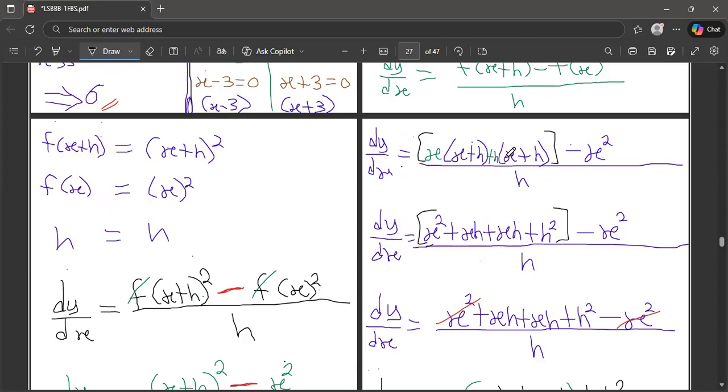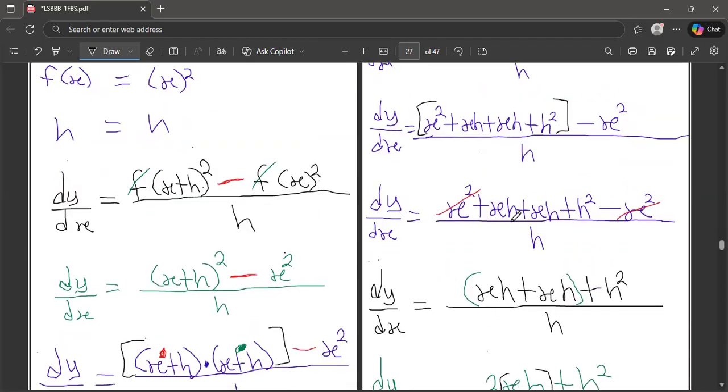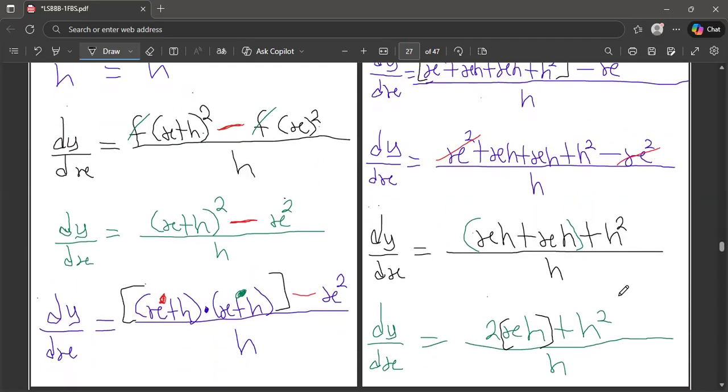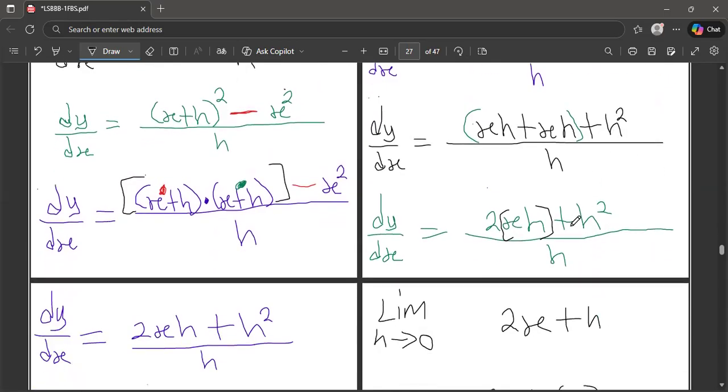So after doing the multiplication, we came to get x squared plus 2xh plus h squared minus x squared, all over h. At the end of the day, x squared is going to cancel x squared, and you're going to be left with xh plus xh plus h squared all over h. I told you that this is the same as this because this has a coefficient of 1 and this has a coefficient of 1, so it's going to give you 2xh plus h squared.